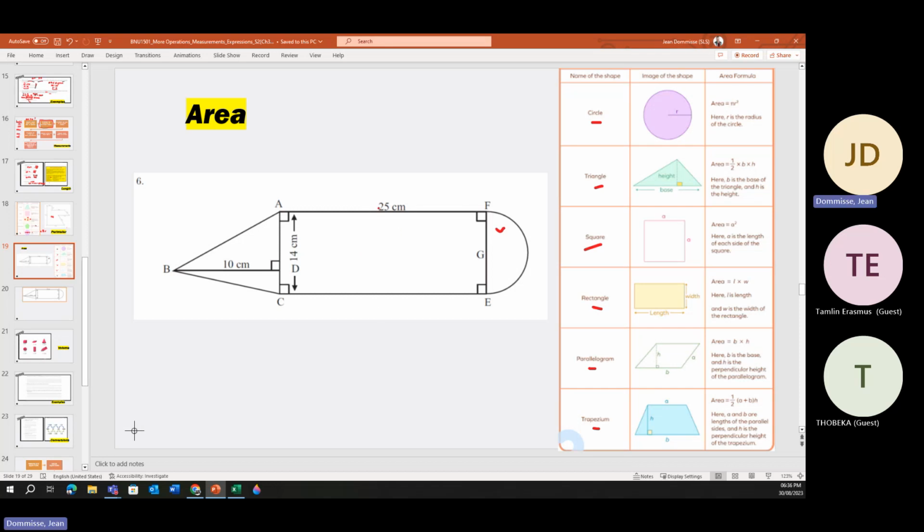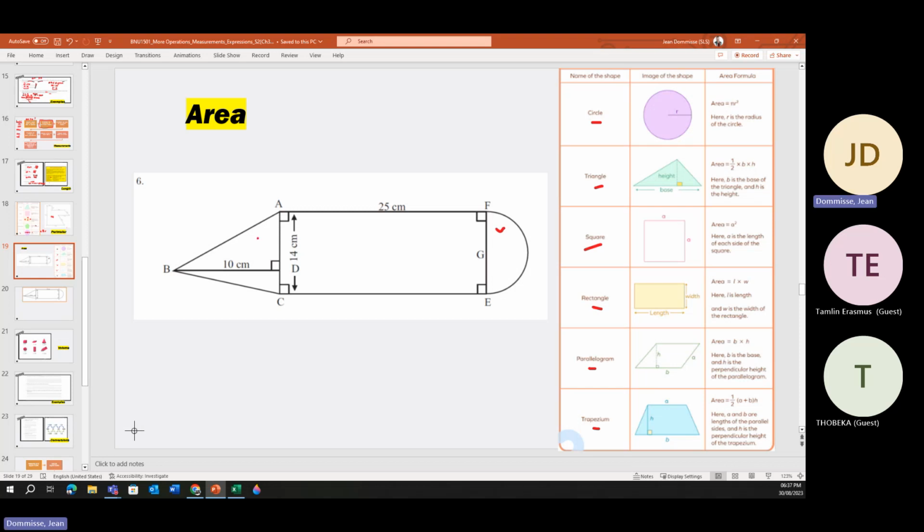Here they test that you can get the area of a rectangle, and here they test that you can work out what the area of a triangle is.